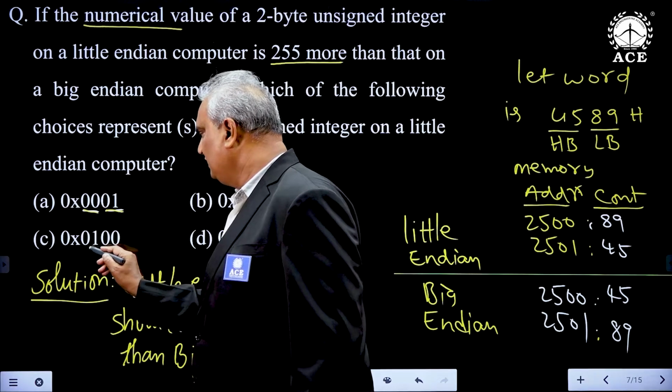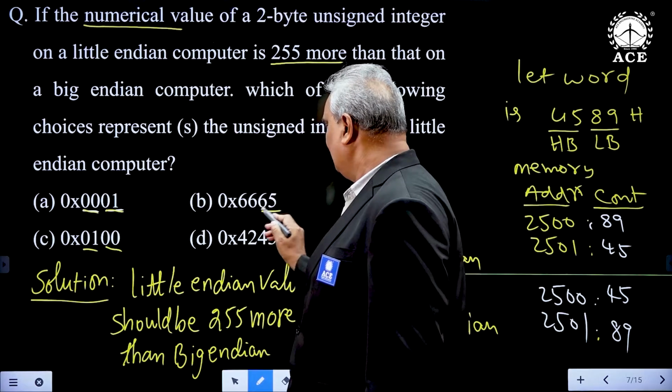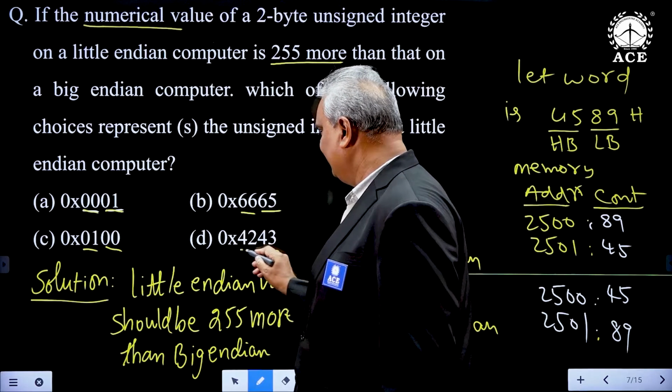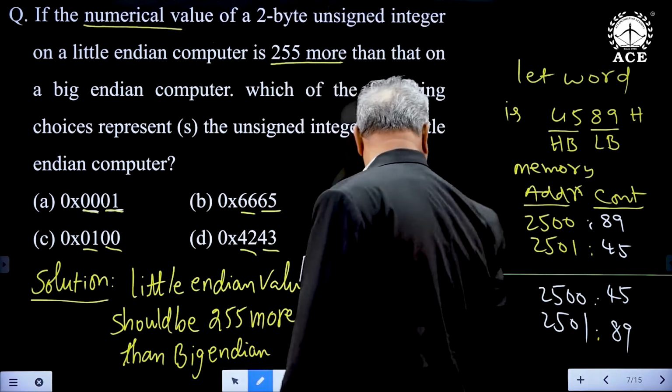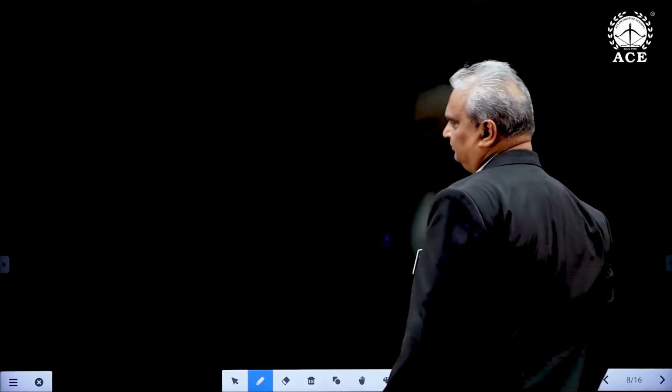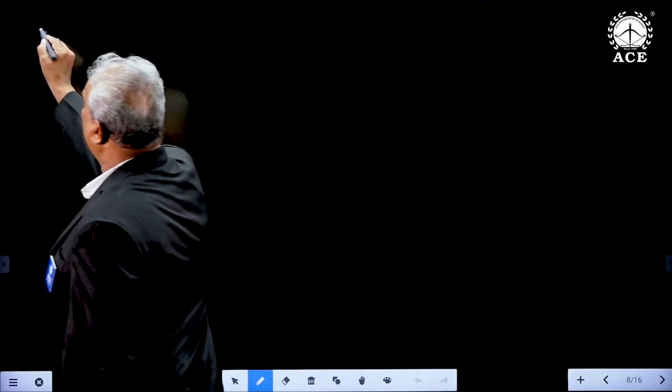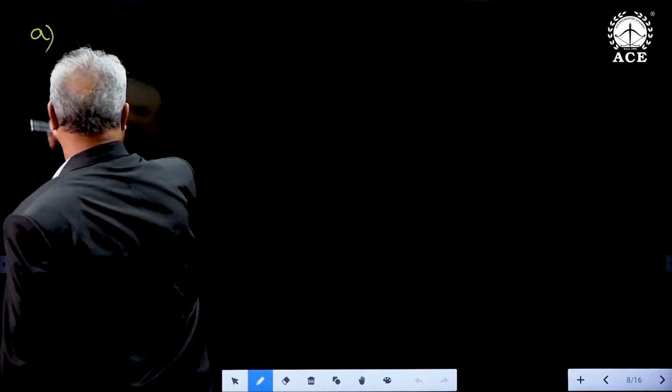Here also same, lower byte, higher byte, in each option. Okay? Come to option A. What about option A? Observe once again.